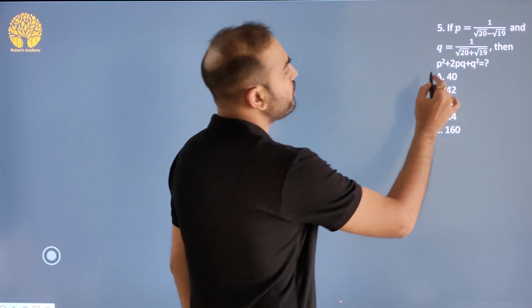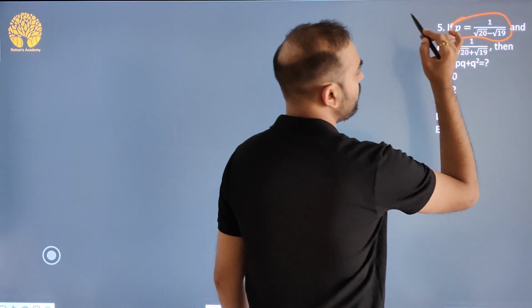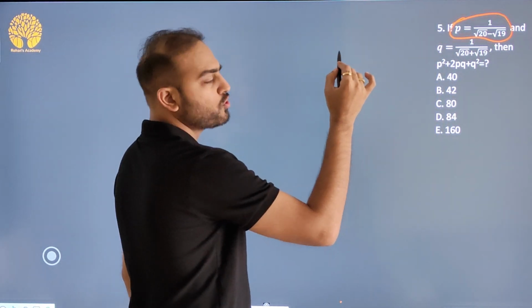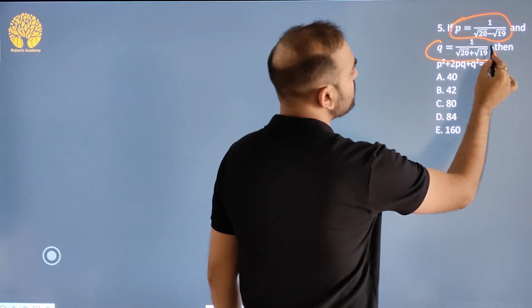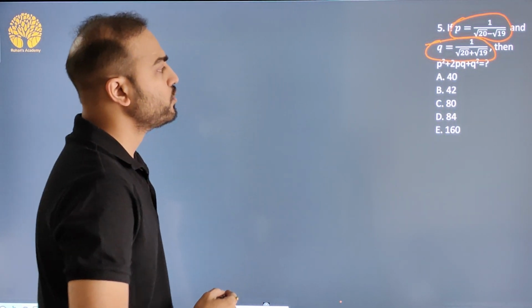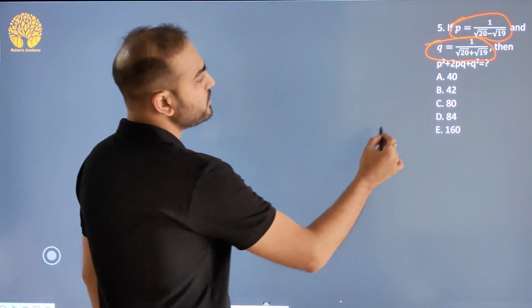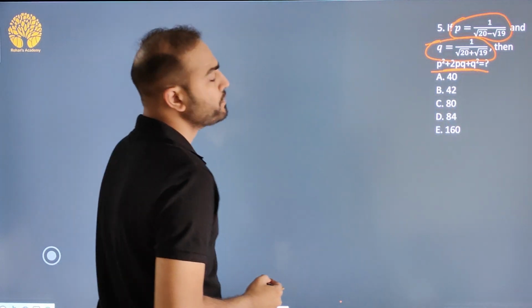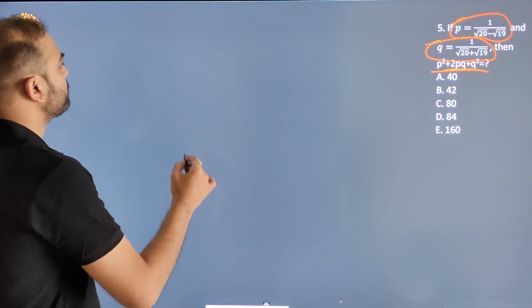Okay, so we know P is 1 over root 20 minus root 19, Q is 1 over root 20 plus root 19, and they are asking us P square plus 2PQ plus Q square.